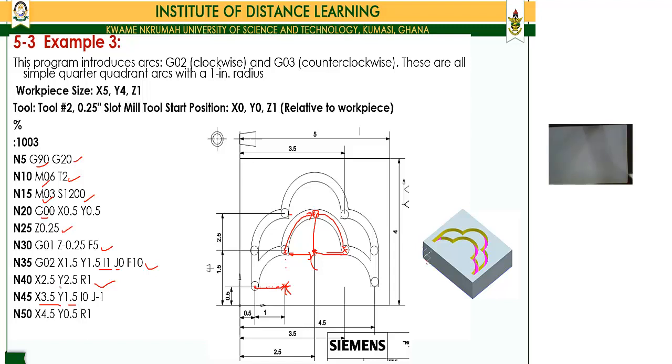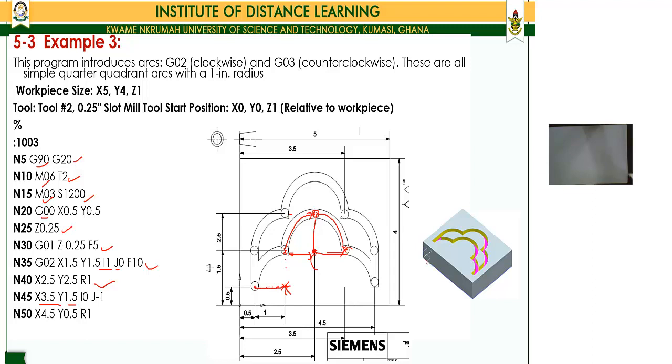registered. So let's see, if you move from here, X is equal to, from 2.5, now X is now 3.5, Y is equal to 1.5. That is, we are here.